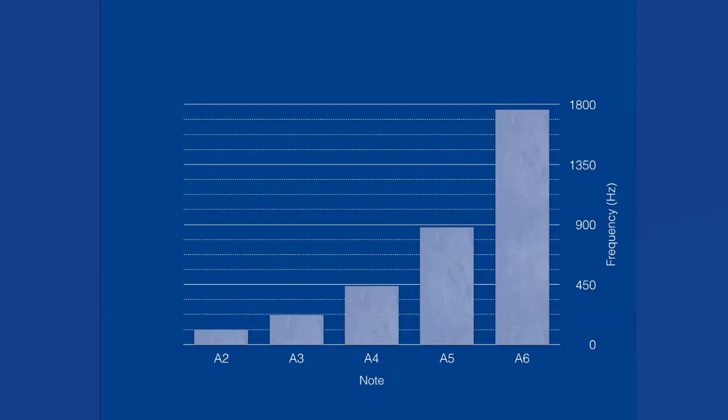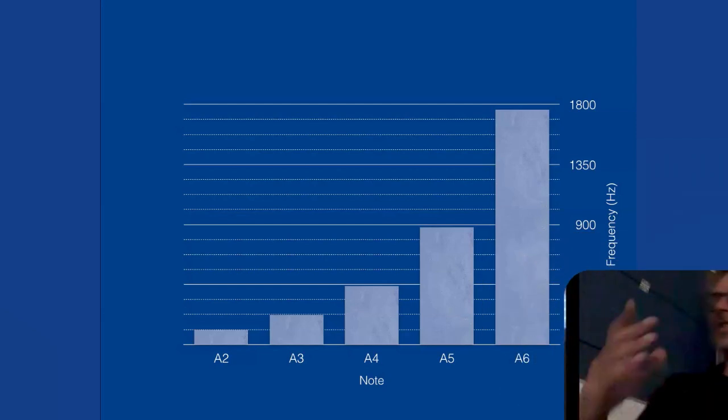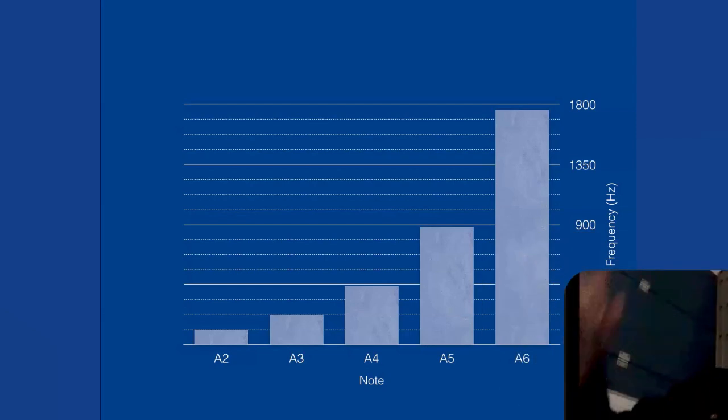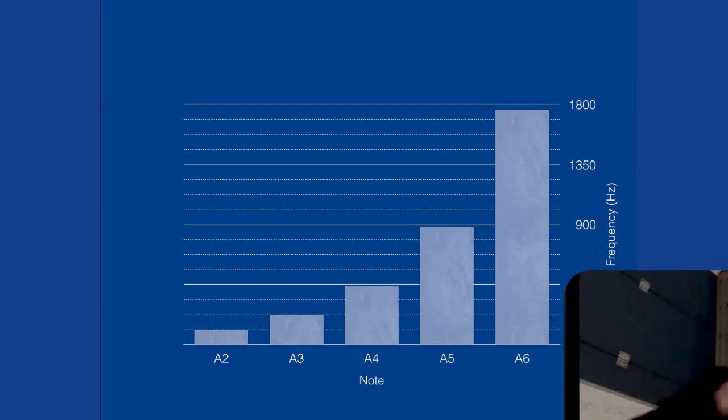That is the number of cycles per second that will create that note. Any tone that is created as a sine wave goes through a wave like this 440 times in a second to create that note.